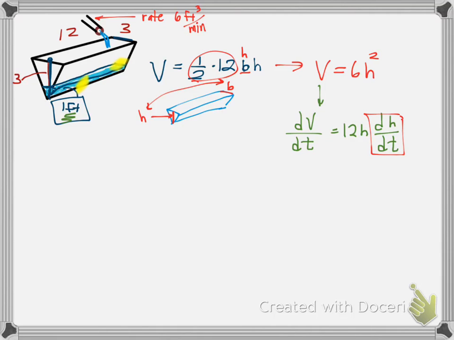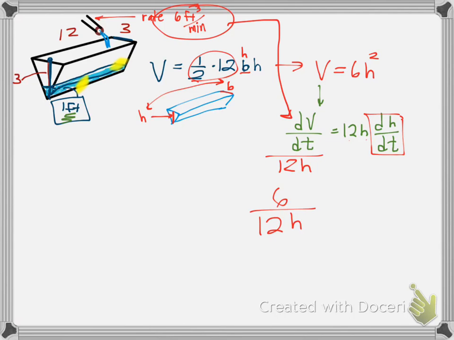If I divide both sides by 12H, H being the height of the water, and I remember that the rate at which the volume is changing is 6 cubic feet per minute, I have 6 over 12H. And since H is 1, I get 6/12, or 1/2. So I get 1/2 of a foot each minute at that particular moment.